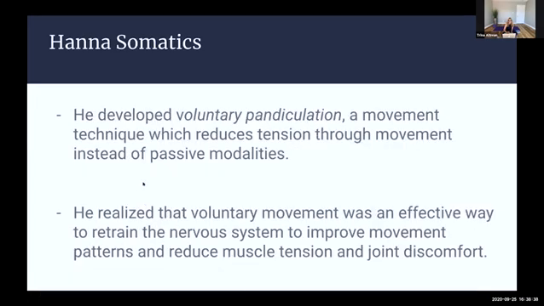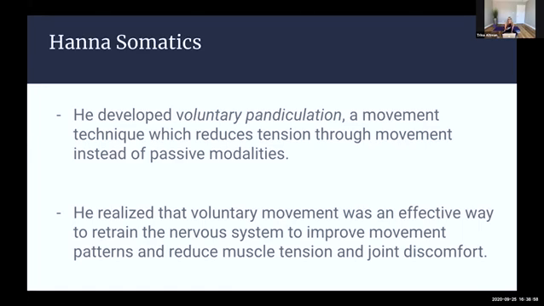Okay, so he realized that voluntary movement was an effective way to retrain the nervous system, to improve movement patterns, and reduce muscle tension and joint discomfort. When I say empowering, the first thing that comes to my mind is improving movement patterns.